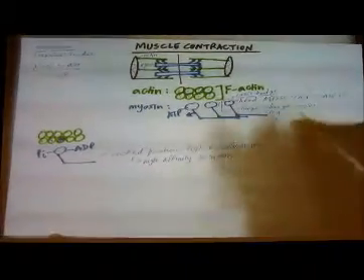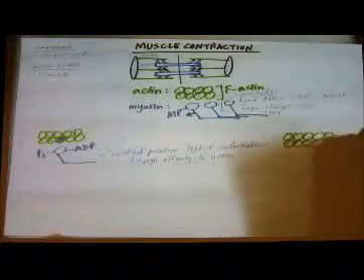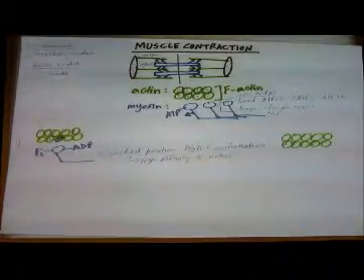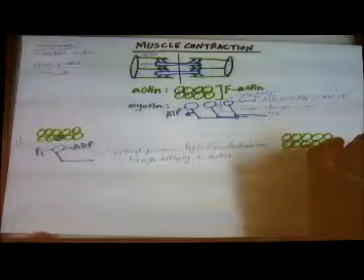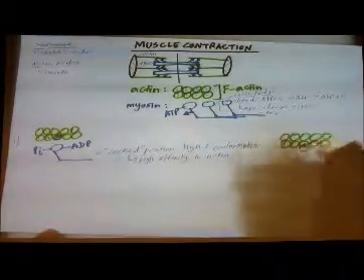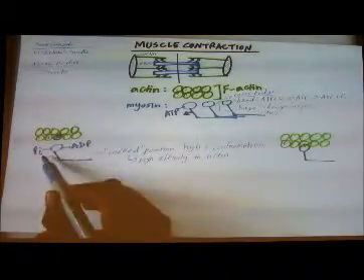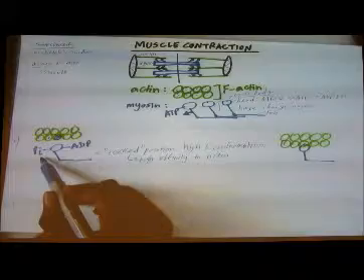So then let's say it attaches to the actual actin binding site. Let's say it's this one. And now it's bound to that, staying in that cocked position. So here we see that the ADP and inorganic phosphate are bound.